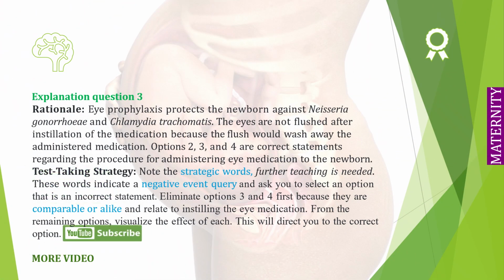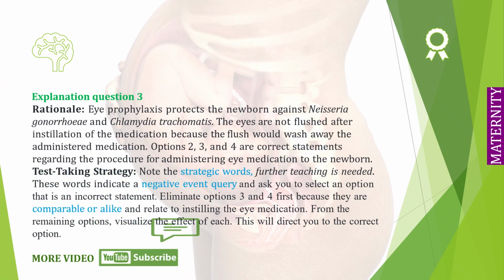Explanation. Question 3. Rationale. Eye prophylaxis protects the newborn against Neisseria gonorrhoeae and Chlamydia trachomatis. The eyes are not flushed after instillation of the medication because the flush would wash away the administered medication. Options 2, 3, and 4 are correct statements regarding the procedure for administering eye medication to the newborn. Test-taking strategy.